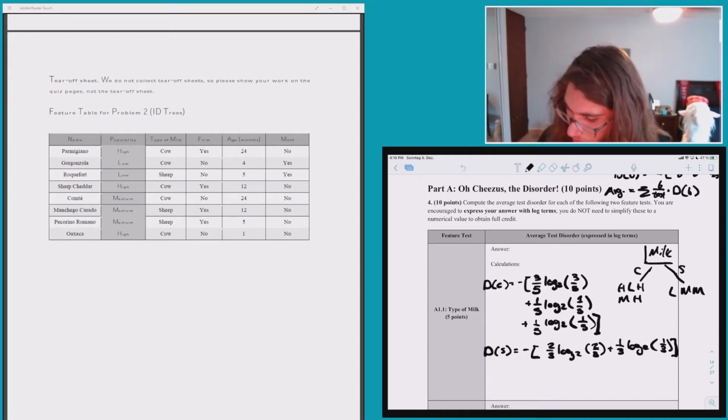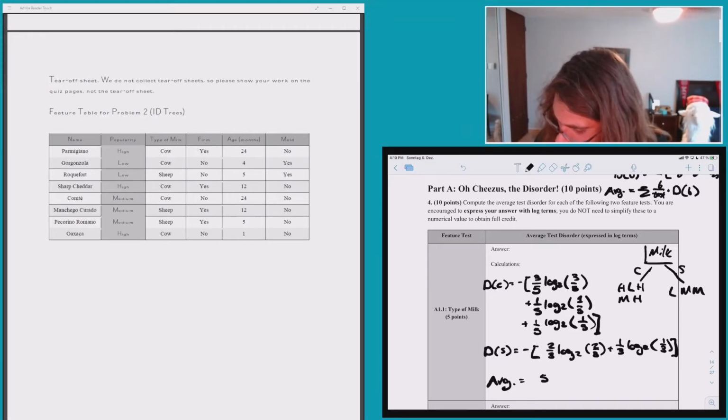And so the average test disorder is going to be, I'm going to use variables in order to avoid writing the entire expression again. For cow, they're in total 8 points, if I'm not mistaken. Yes.